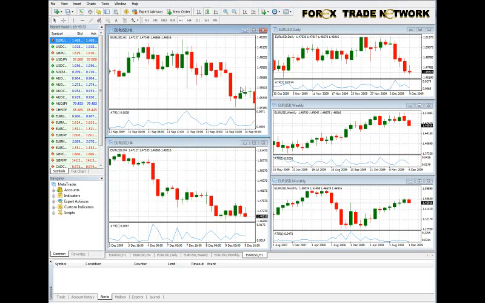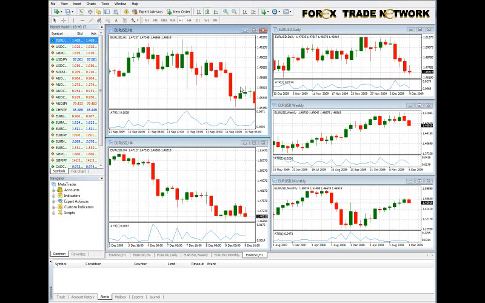One word of caution with regard to a demo account is that you shouldn't get wild in the demo account. What I mean by that is that you should keep your risk at the same levels that you will have when you trade your actual account, when you open up your real money account.